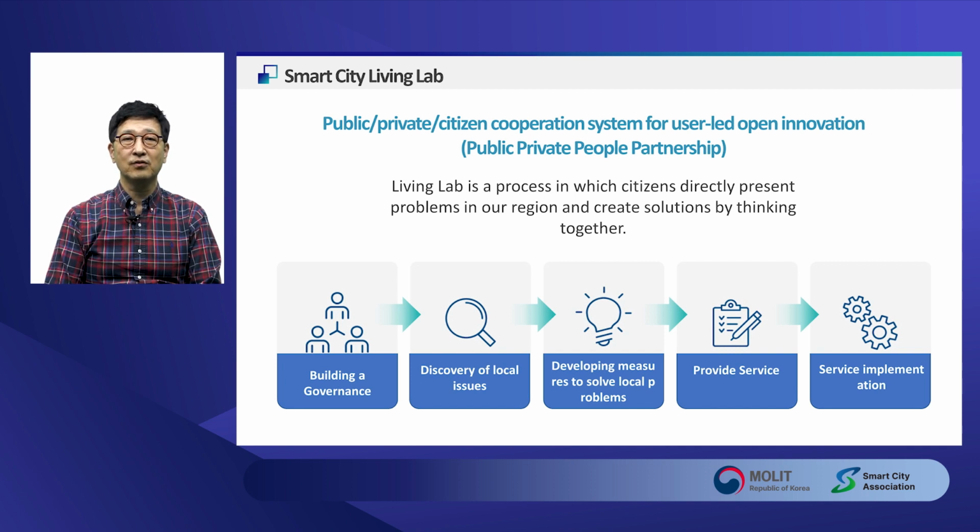Let's take a domestic example of the results of this Smart City Living Lab. The examples we are presenting are the 4 results of the Living Lab, which was carried out for about 1 year and 6 months in 2018 in some areas of Sejong New Town, one of the national pilot cities of Sejong.